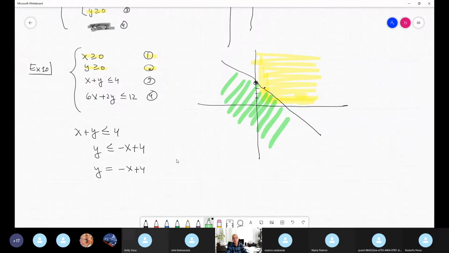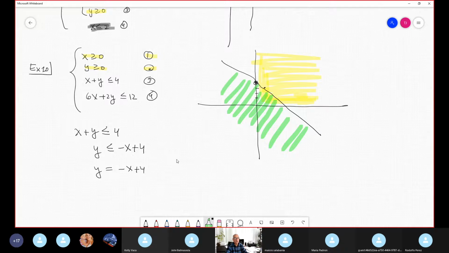So far, considering 1, 2, and 3, the solution is this triangle.